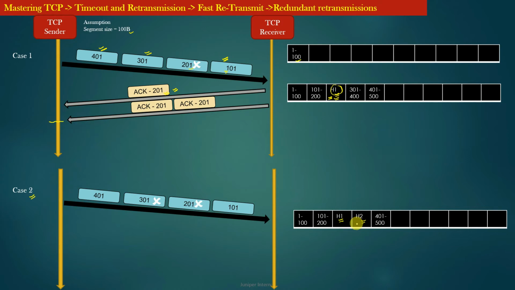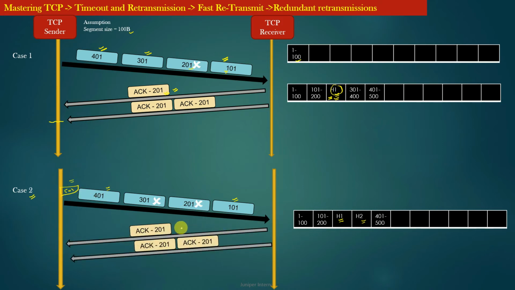So the data segments 101, 401, and let us assume there is one more data segment, say 501, coming from the TCP sender, will trigger the TCP receiver to issue ACKs with acknowledgement number 201. At this point, the TCP sender has received 3 duplicate ACKs with acknowledgement number 201.